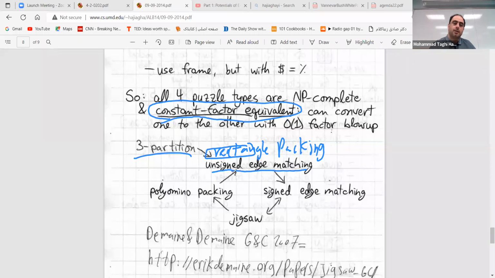Then from there, we went to unsigned edge matching, so we showed that this problem is hard. Then using unsigned edge matching, we showed signed edge matching is hard. Then using signed edge matching, we showed that the jigsaw problem is hard. Using jigsaw, we showed that polyomino packing is hard. And then finally, using polyomino packing, we showed that even unsigned edge matching is hard. So we have this cycle essentially. Lots of these are in this paper by Erik and his father. You can see this jigsaw paper, and they are also in the book.